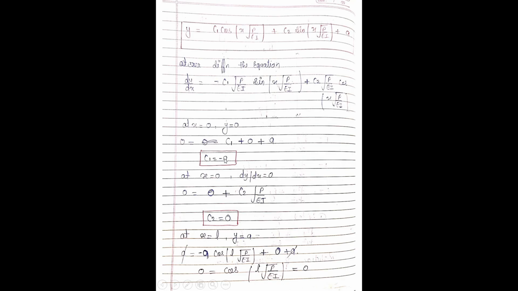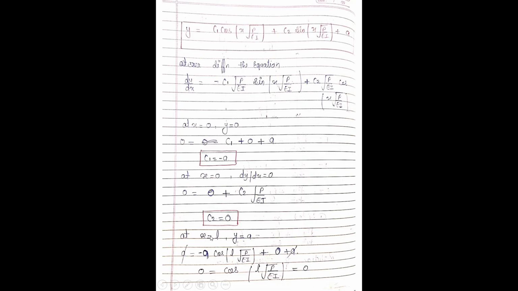Now at x equal to 0, the slope dy by dx is also equal to 0. So if we put dy by dx equal to 0 and x equal to 0 in the slope equation, then we obtain c2 equal to 0.